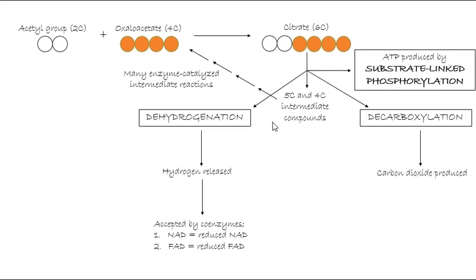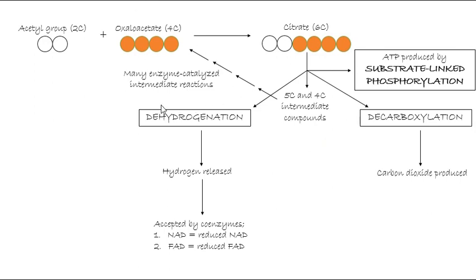So finally, after all these processes have occurred, that is to say after dehydrogenation of citrate, decarboxylation of citrate and ATP synthesis has occurred, then from these 5-carbon and 4-carbon intermediate compounds, the 4-carbon compound oxaloacetate is regenerated via a series of enzyme catalyzed intermediate reactions.